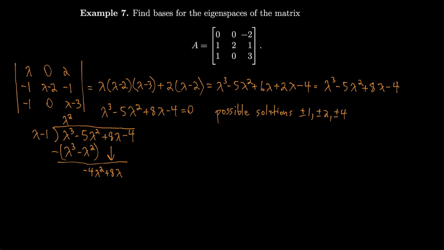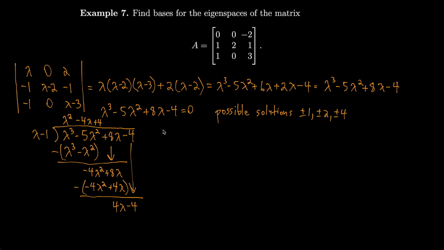And then I'll fit lambda minus 1 into this, and it fits in minus 4 lambda. So multiplying that gives me minus 4 lambda squared plus 4 lambda. And then I'll subtract off. And I'll get 4 lambda. And I'll bring this down and get minus 4. So that fits in exactly 4 times. Perfect.